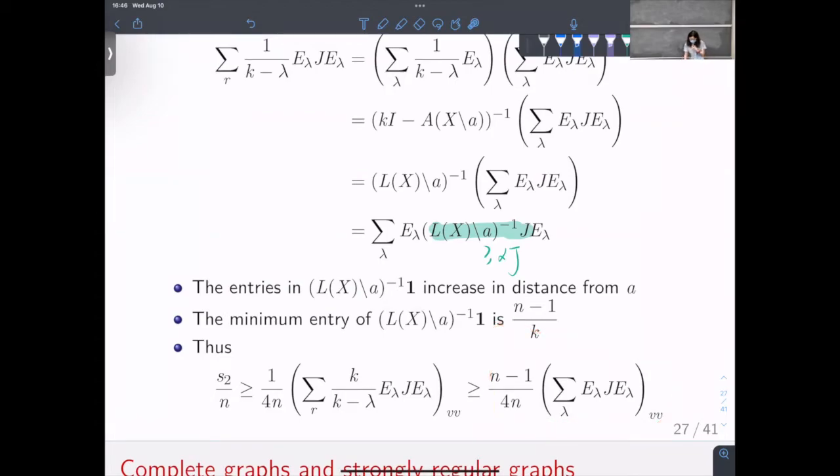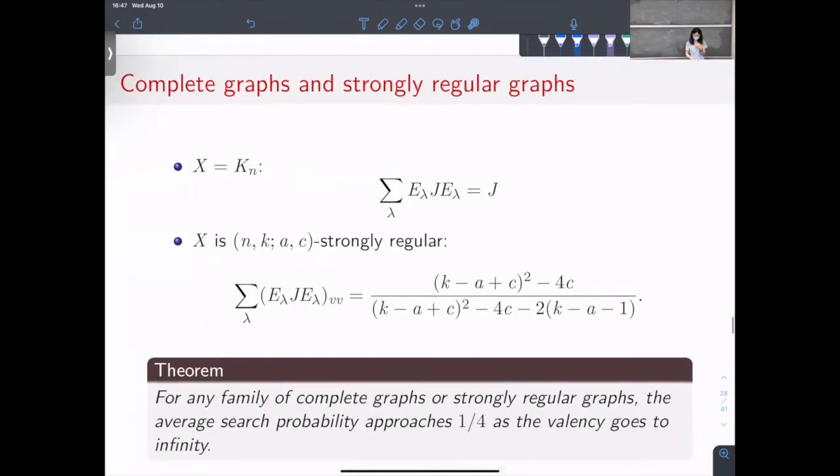Okay. And if I can show this converges to 1 as n increases, then I have proved a lower bound for Sn over 2, which is 1/4, and that confirms our intuition from those pictures. We can do some experiments with small graphs. For a complete graph, there are only two eigenprojections, and one of them is orthogonal to O1's vector. So really, this reduces to the O1's matrix. And it converges to 1 as n goes to infinity.